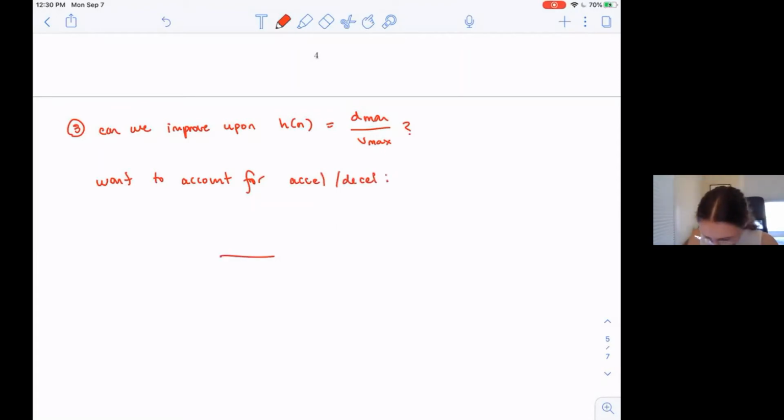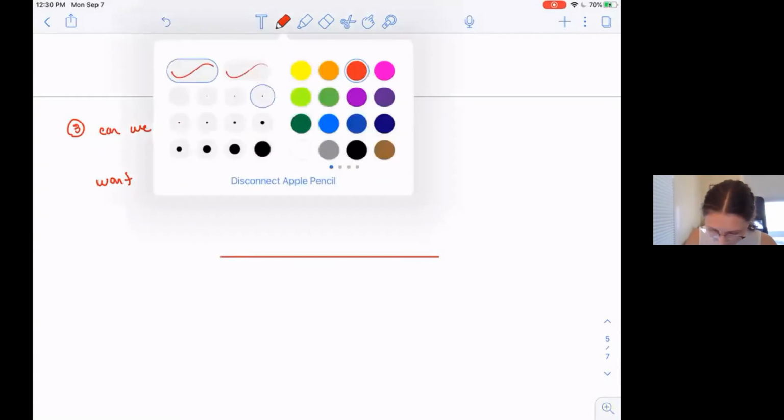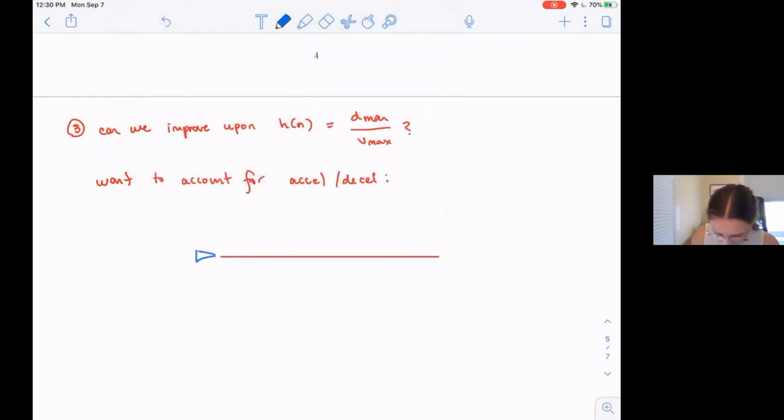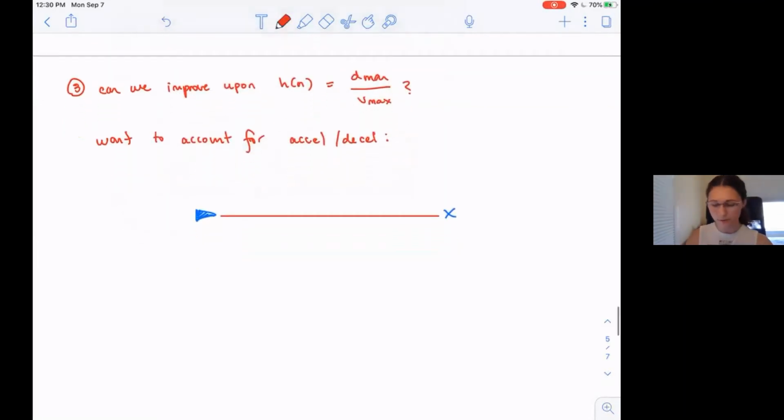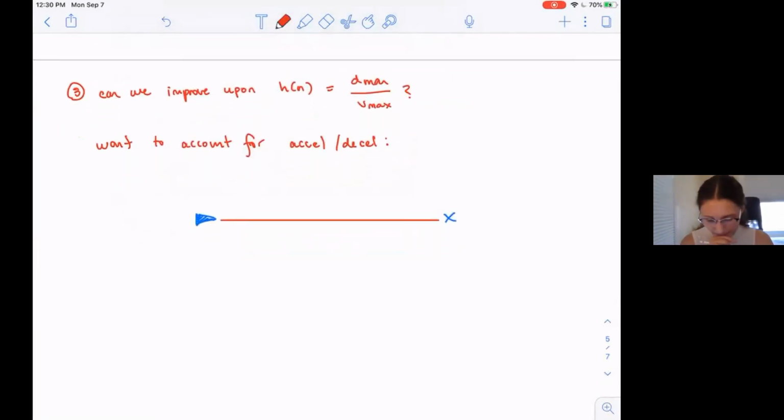So let's think back to that example that we were talking about before. We have our agent facing like this. Here's our goal. This is the simplest environment. If we think about the overall Manhattan distance, d_Manhattan, now that our agent has to accelerate and decelerate, we can divide this total distance into 3 segments.